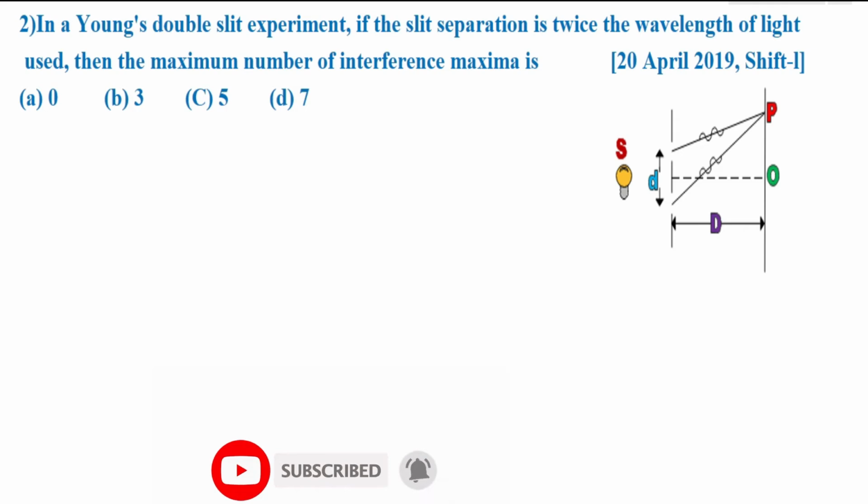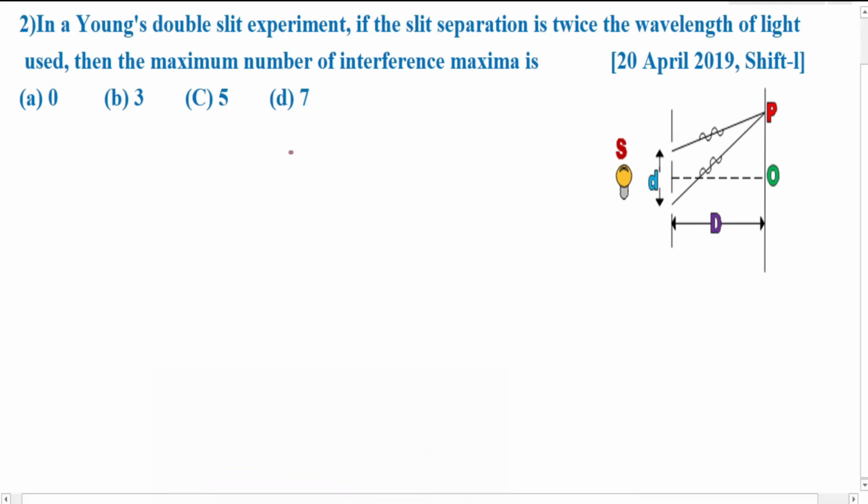He said that the slit separation, that is d, is twice the wavelength of light used, that is d is equal to 2 lambda. He asked us to calculate the maximum number of interference maxima, that is N maxima is equal to how much?